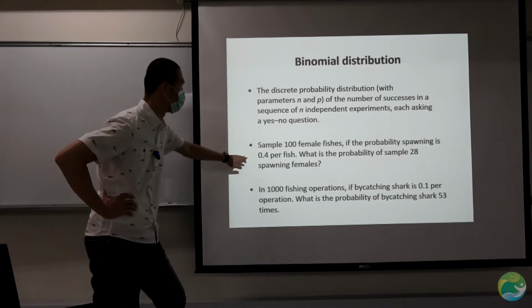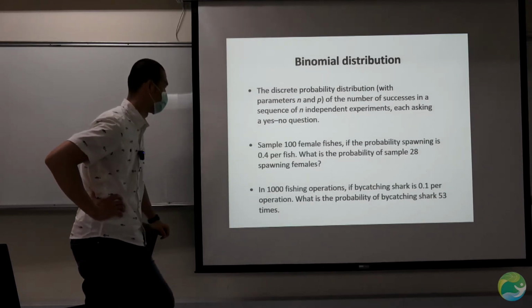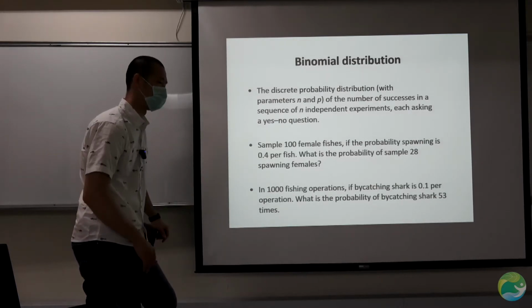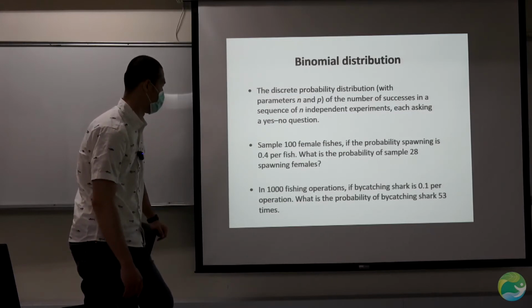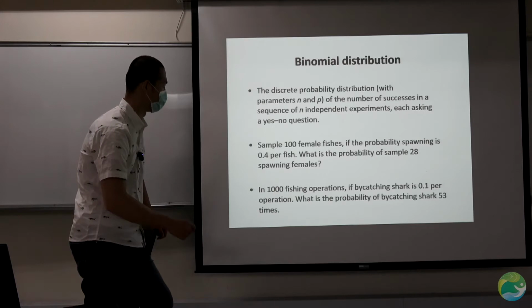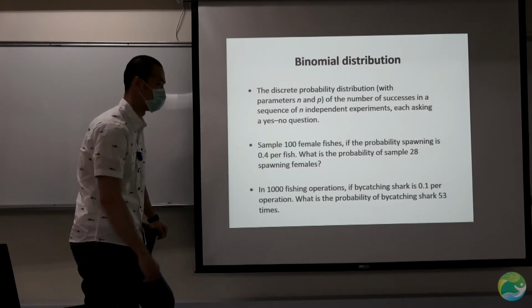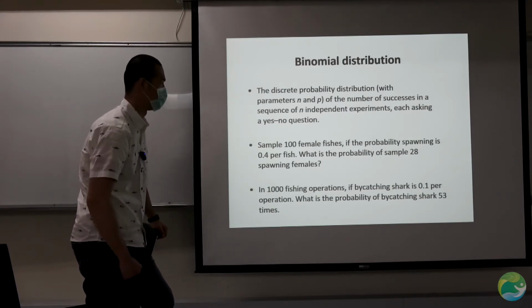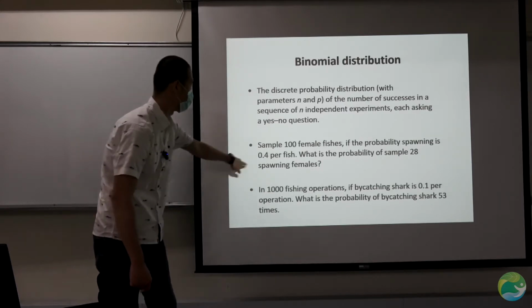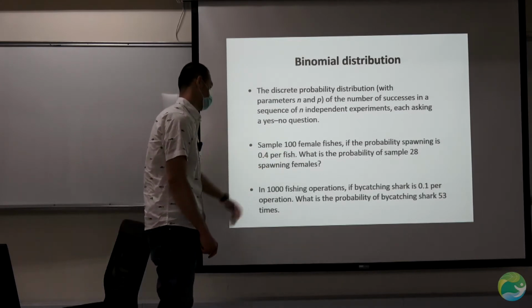If you already know, based on the literature, that in this regional area, this ocean you are sampling, the probability of maturing is 0.4 per fish, then what happens if you sample 100 fish, and 28 are spawning? What is the probability of this?